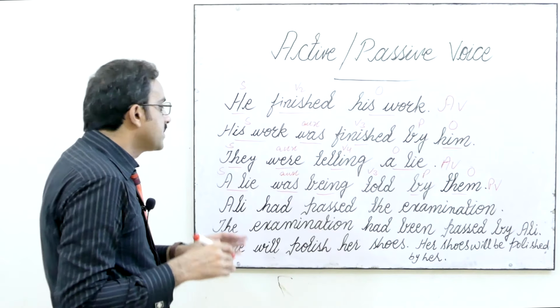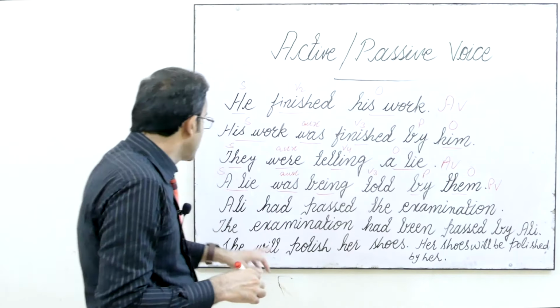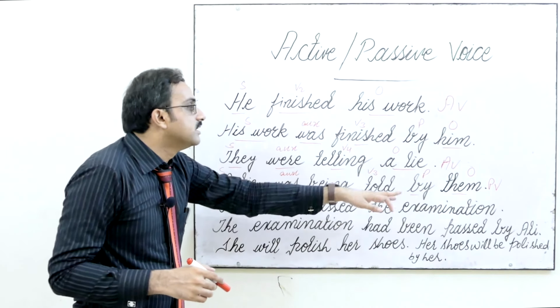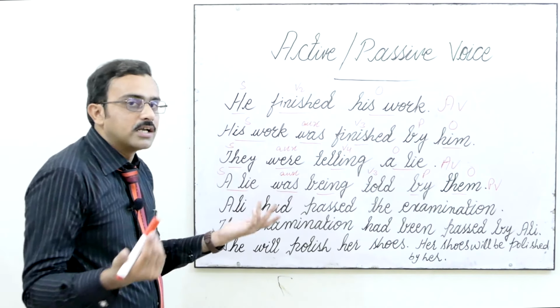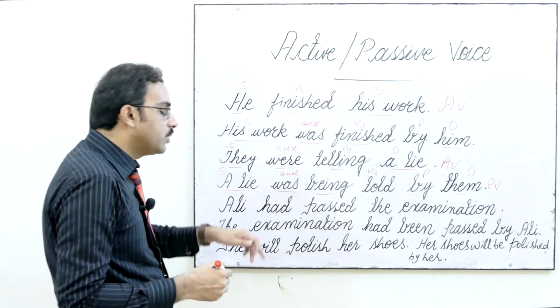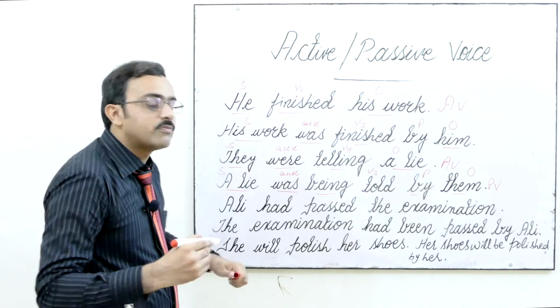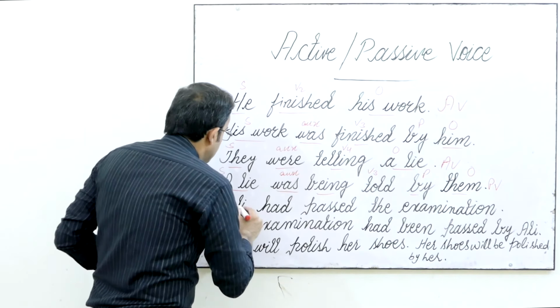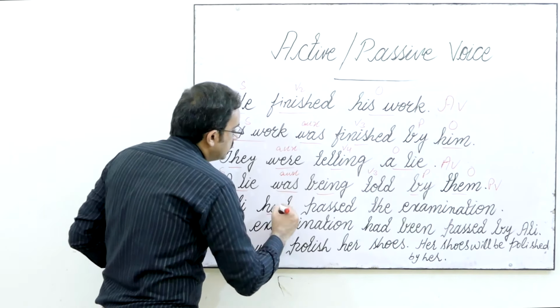Now look at the past perfect tense. Ali had passed the examination. Again, the action has been done by the performer. So your subject, your doer, your performer is prominent. This is your subject. Had is your auxiliary.